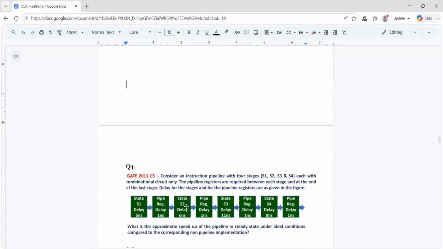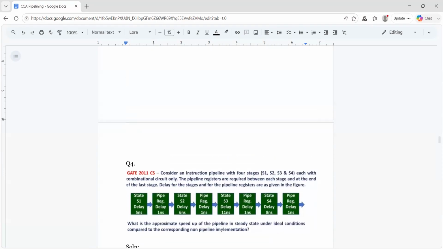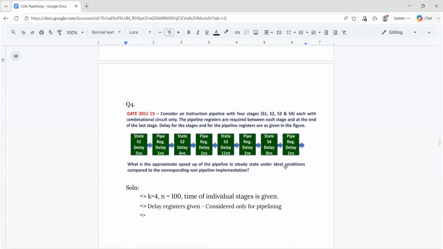There are 4 stages here, and in between each stage there is a delay register, which is the time taken to take the value from one stage and put it into the next. What is the approximate speedup of the pipeline in steady state and under ideal conditions compared to the corresponding non-pipeline implementation? So we have k equal to 4, and instructions we take as 100.